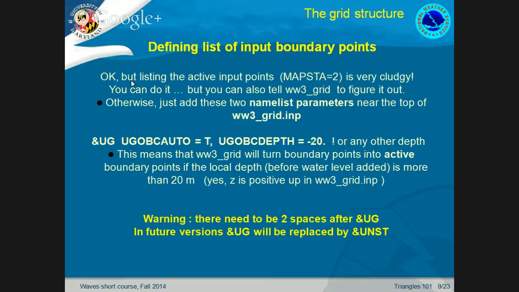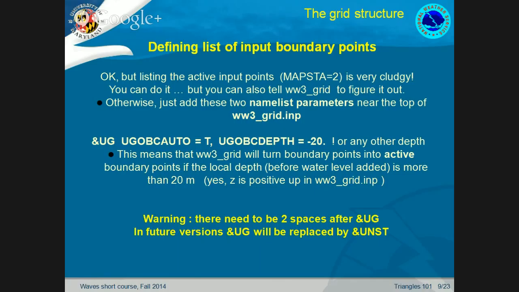And so this is not correct anymore. In the namelist, it's not UG, now it's UNST. It's written here, in future versions, we are already in the future. It's been replaced by UNST, and with the namelist, it will actually tell WaveWatch that all the points that are on the boundary and that have a depth larger than 20 meters will be considered as open boundary points. That's one way to make your life easier.